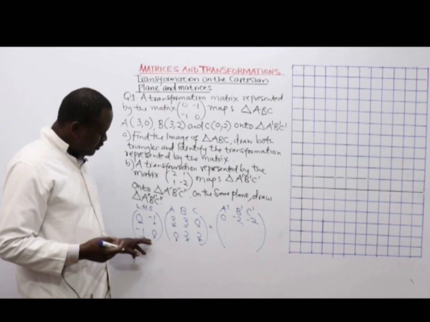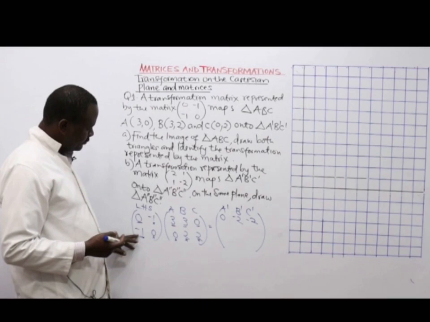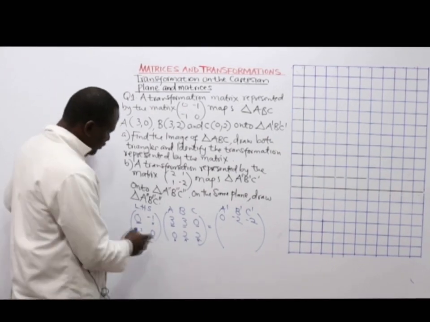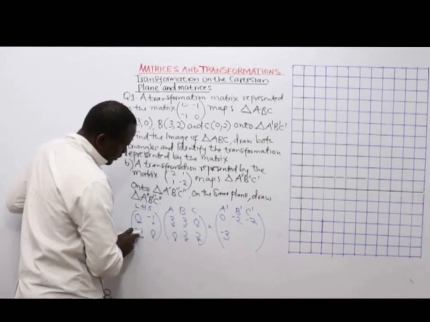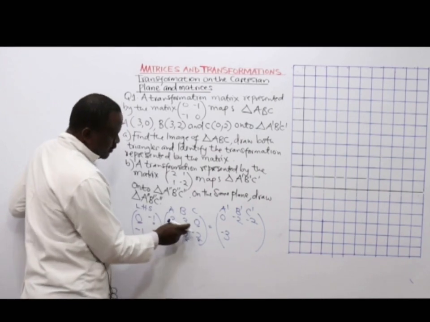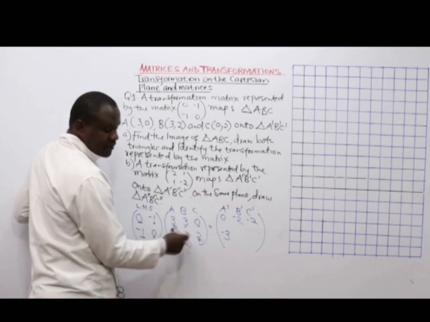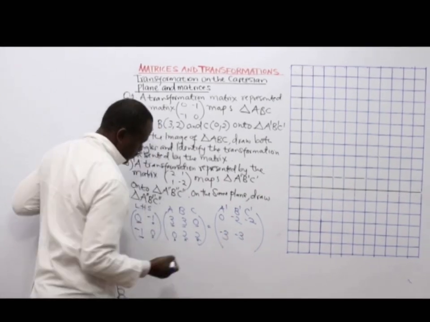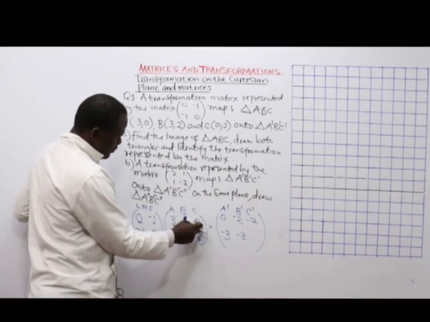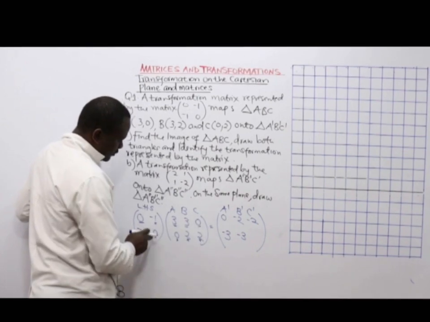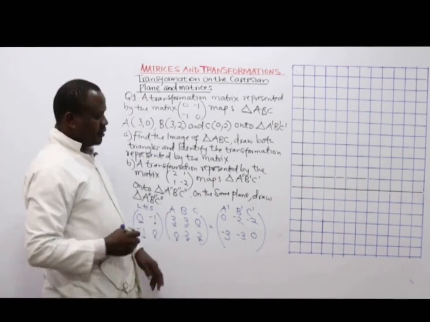Because the second row will be multiplied by 0, and the first row by -1. Now, so we'll get -3, -1 times 3 is -3, because 0 times 2 is 0. -1 times 0 is 0. 0 times 2, 0. So the result is that.